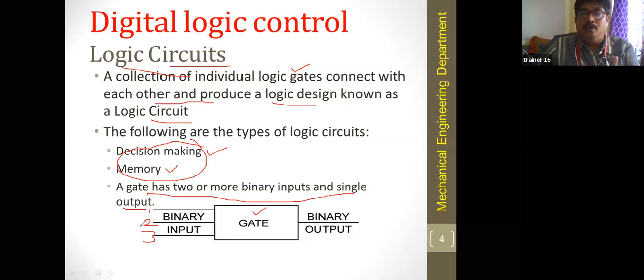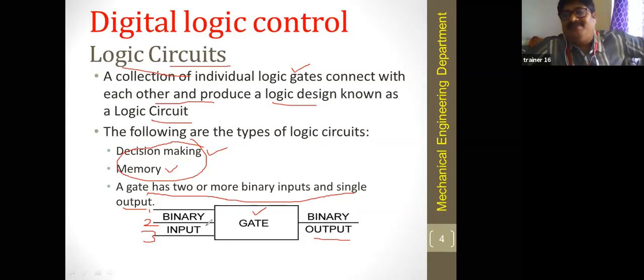Maybe one input or more than one input goes to the gate, and then we get only one output. These inputs are binary inputs. Binary inputs means 0 and 1. These are the only binary inputs.